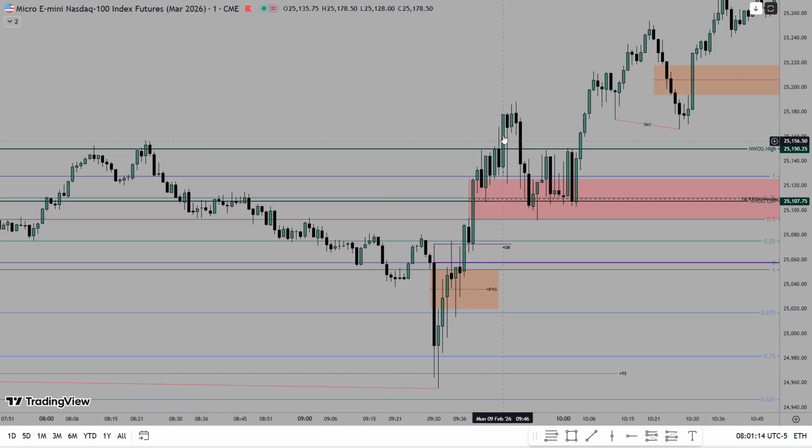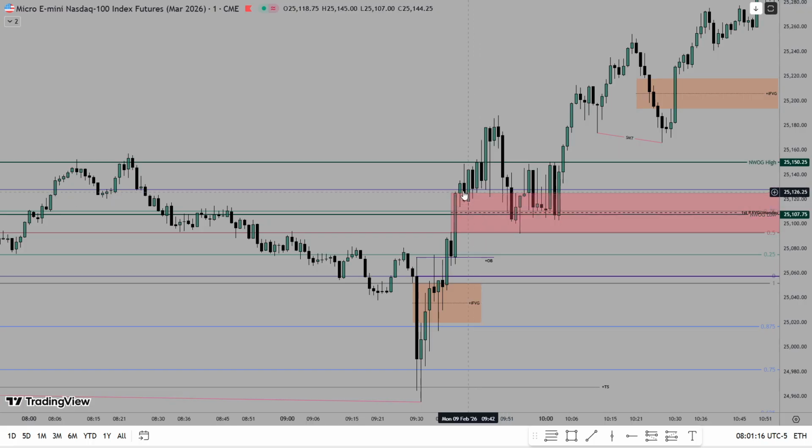This is the first trade, and then price moved from the first entry fair value gap. This is a high probability first entry fair value gap because it formed at the consequent encroachment of the regular trading hours gap. So this is the high probability result, as well as this aligned with the new week opening gap low.